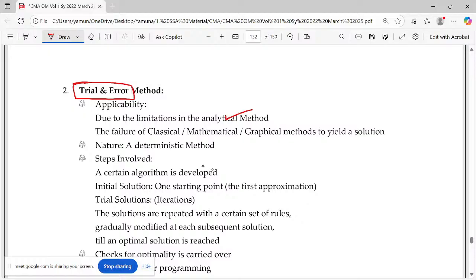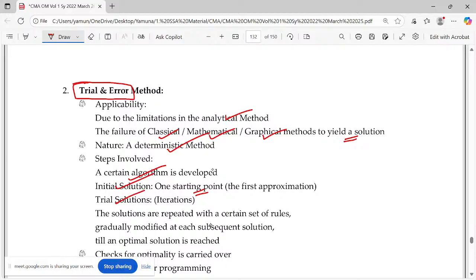Because of this limitation, when the classical, graphical or mathematical method is not yielding a solution, we have to go for the trial method. This is also a deterministic method, so you are going to determine something. There will be a certain algorithm. You start with an initial solution, then work step by step. In the assignment problem, we are trying to improve the solution.